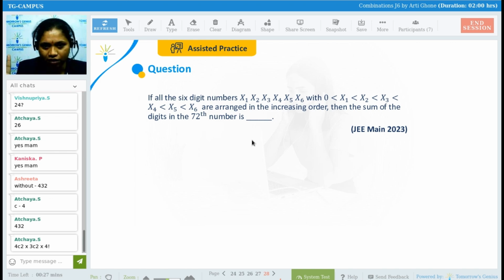Digits are clear; there are no other digits. They are just naming it x to make you confused. So digits are now starting from 1 to 6. You have to place the numbers in such a way that the 72nd rank will be given to which number.